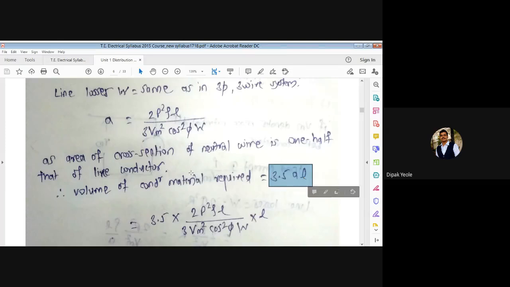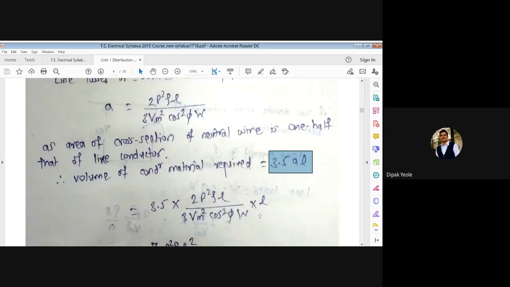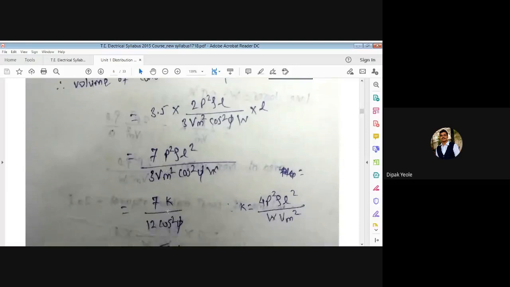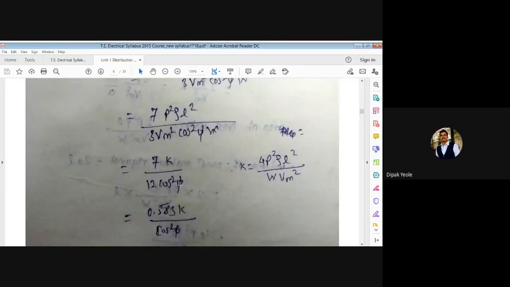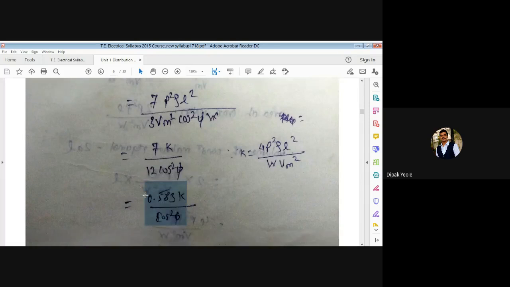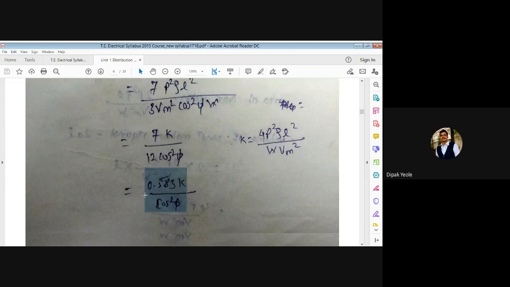Put the value of A, put the value of L. Rearrange the terms and you will get the final equation as 7 times K divided by 12 cos square phi. So divide 7 by 12, 0.583 times K divided by cos square phi. So this is for 3-phase 4-wire AC system.